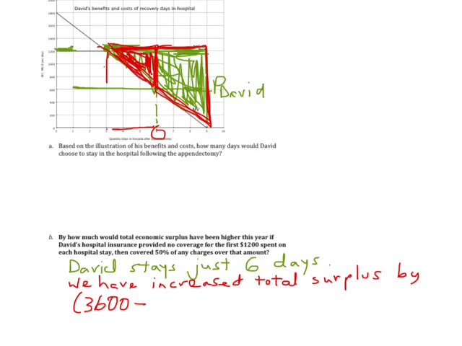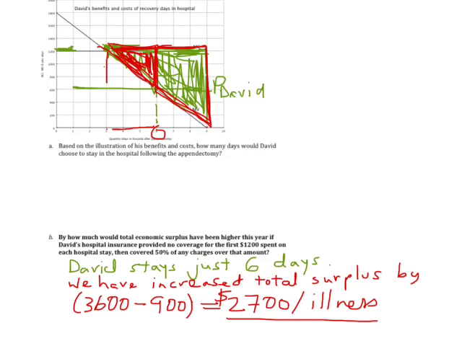So 3 times 300, 1/2 times base times height, 900. And that's just going to equal $2,700 per illness, we'll say, per appendectomy. He'll only have one appendectomy, so that limits the damage. But this whole calculation happens when he has heart trouble or breaks his leg or whatever. All right, that's where that answer comes from.